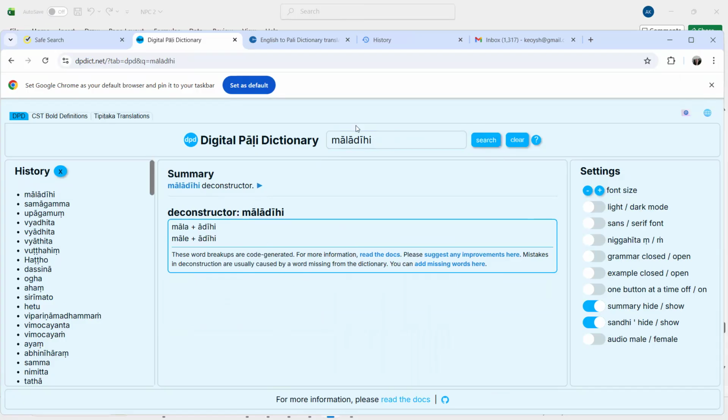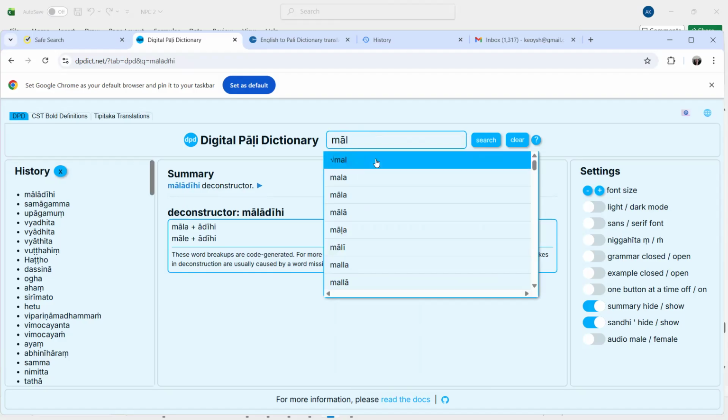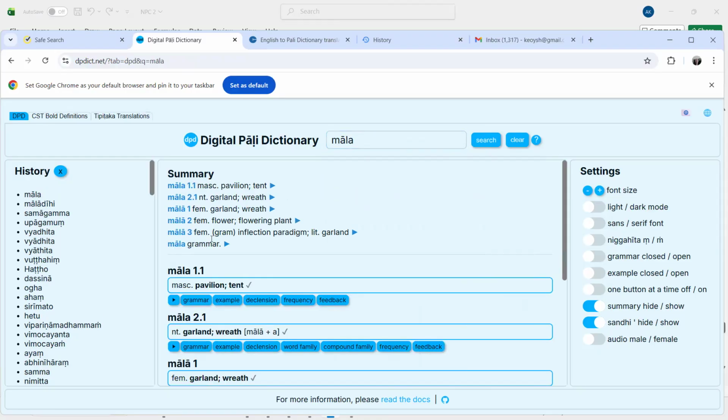So if you do something like that, you got something like that, that means this engine cannot break out this compound. So that means Mala is one of them, and then the other is Adihi. So what you do is you do a cut, so you put Mala first, then you verify what Mala is. Garland. So mala is flower or garland. Okay. So that means confirmed already.